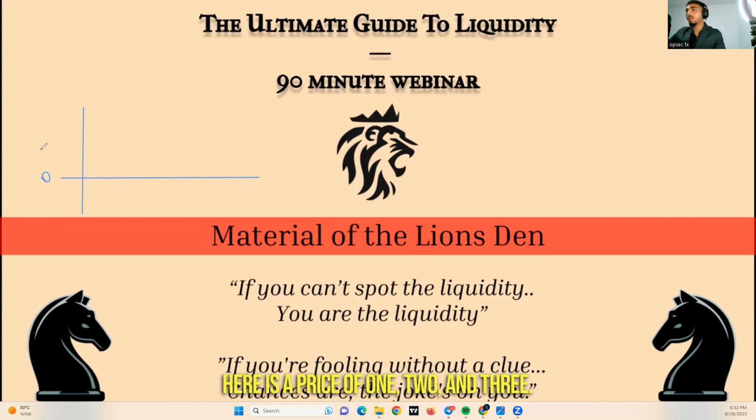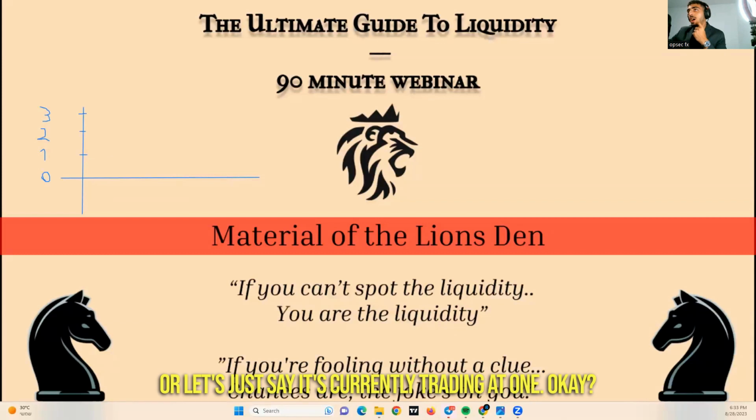Here is the price of 1, 2, and 3. Okay, so now let's just say price is currently trading at 1.